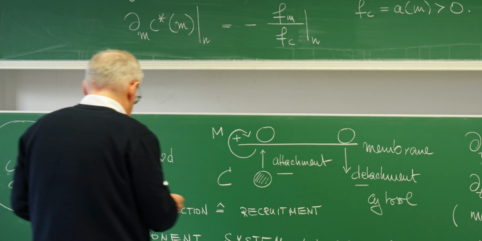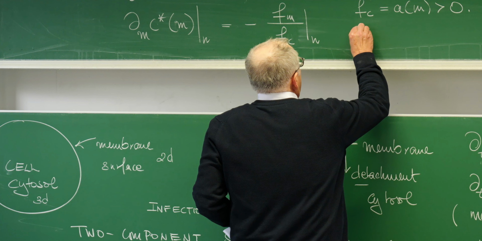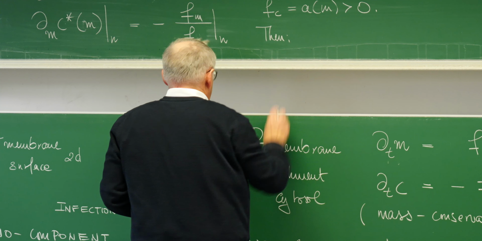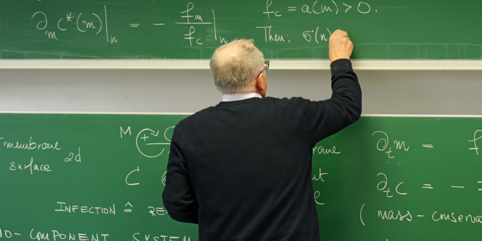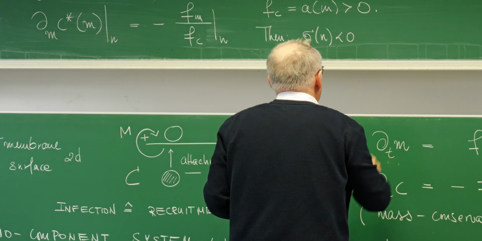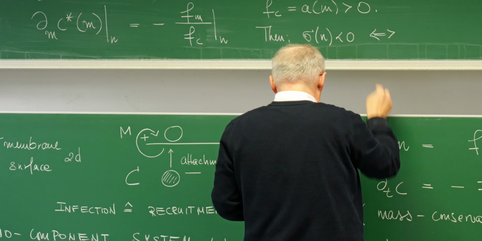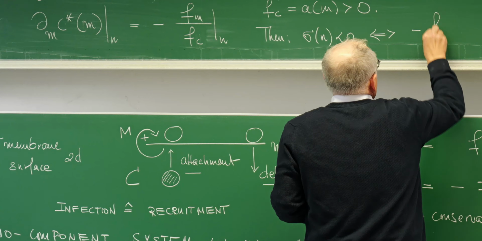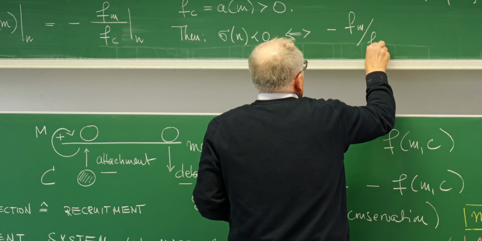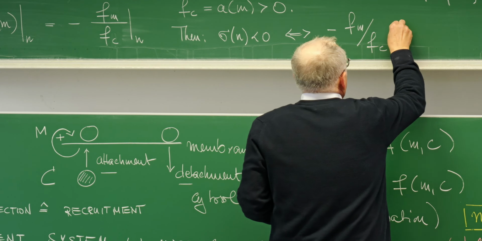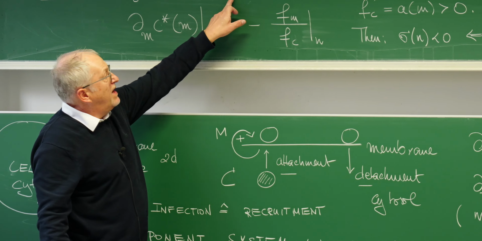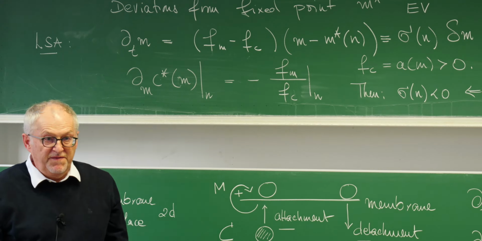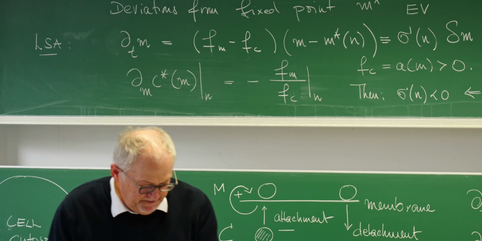So as you have that, the condition that sigma of n is less than 0 is the same as the condition that minus f_m divided by f_c is greater than minus 1. Because this here is then 1 minus, correspondingly, f_m over f_c.